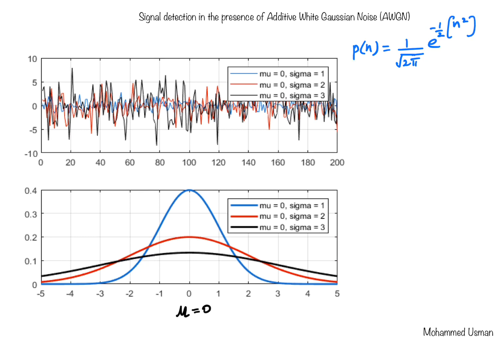That would be the PDF for the blue waveform, which is nothing but the normal distribution.